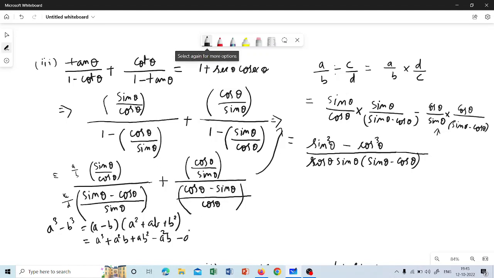Minus a square b and minus ab square minus b cube. So now these terms are like terms, and plus minus cancel and minus cancel. So a cube minus b cube will be remaining. So this is a formula. So that's why some algebraic identities you have to remember.